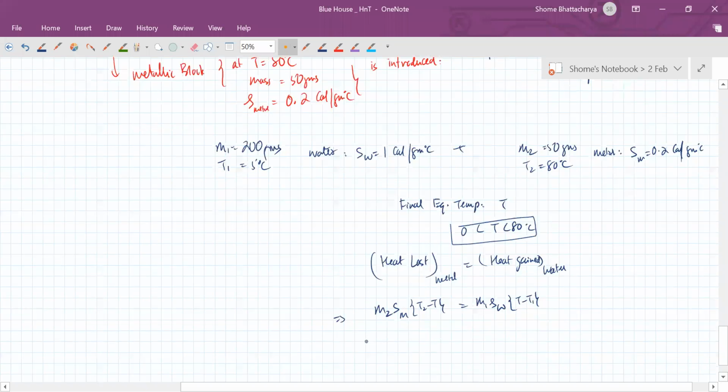So this is our equation: 50 grams into 0.2 into 80 minus the final temperature is equal to 200 grams into 1 into the final temperature minus 5. So this equation has to be solved.